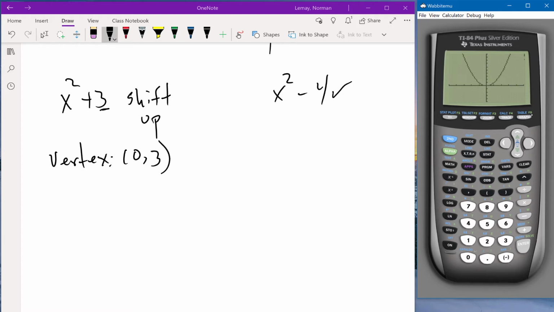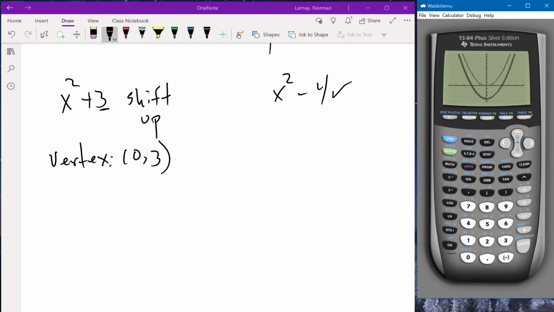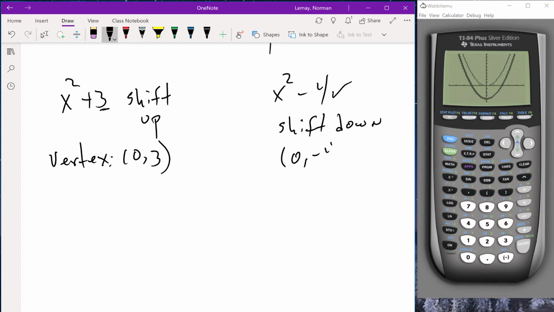There's our graph of x squared, and notice our graph of x squared minus 4. So does it appear that our graph was shifted down 4 units? So maybe when we take the graph of x squared and we subtract off a number, this is a shift down. And notice that the vertex for this one is 0, -4.